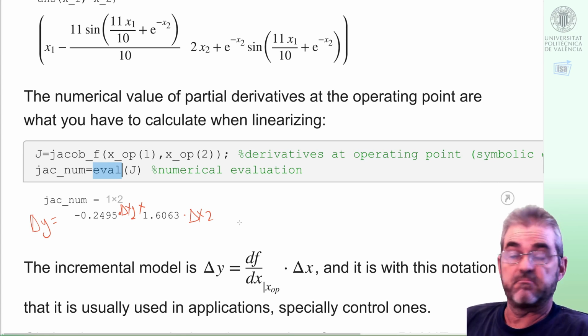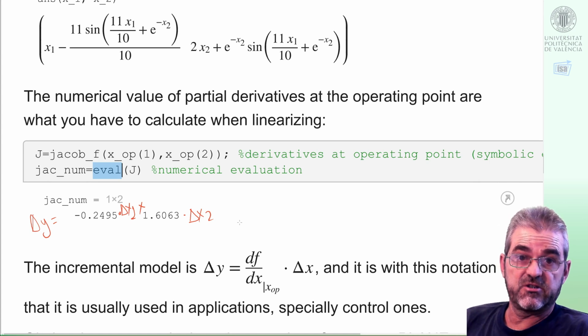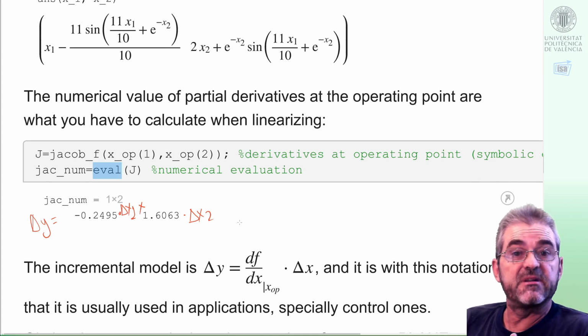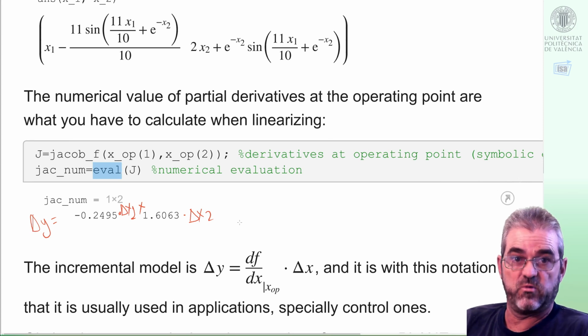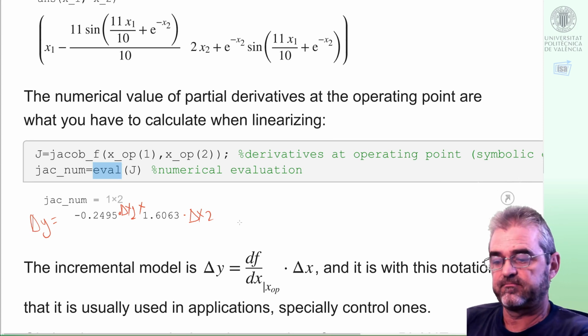So this would finish my pen and paper examination about linearization, but okay, as we have Matlab, we can plot the linearized approximation and superimpose it to the original function to see how they fit. Of course, then the plot of the linearized approximation must be in absolute coordinates, not in incremental ones, because the original function plot we saw was in absolute ones.